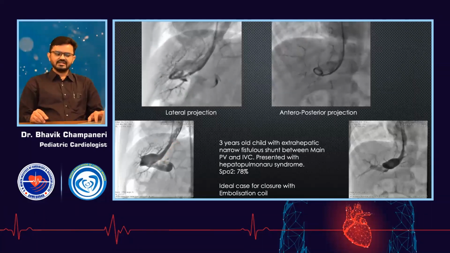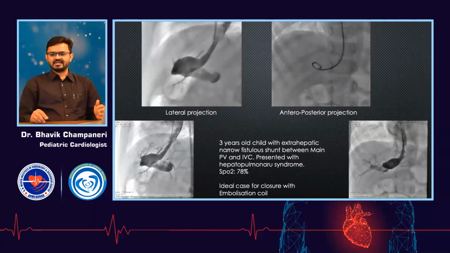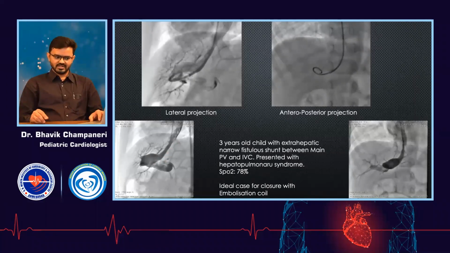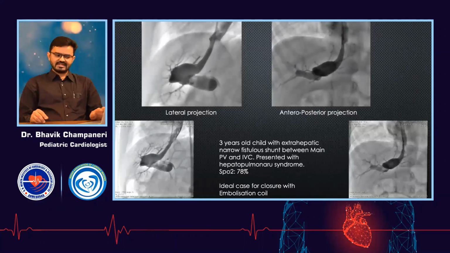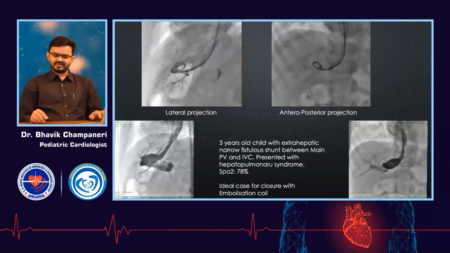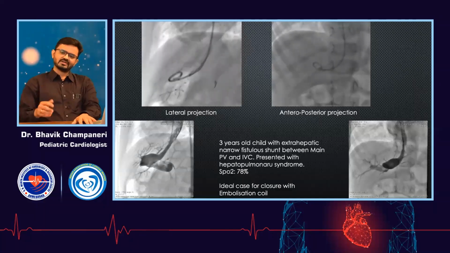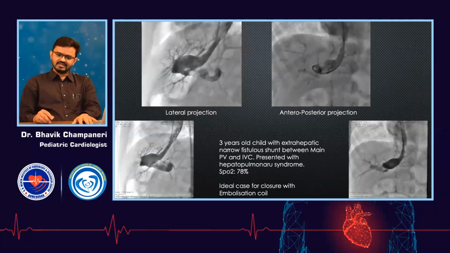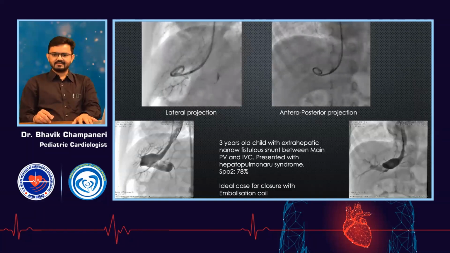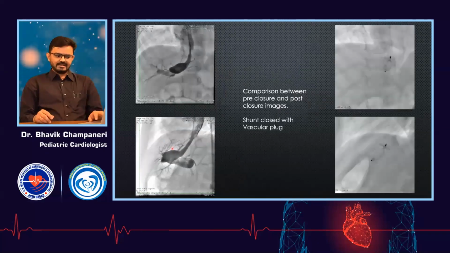So this is an ideal case where you can use an embolization coil for closure of this shunt. The same fistula can also be closed with a vascular plug with more confidence, because an embolization coil, if not selected properly, may migrate proximally or distally. Same patient, pre-op and post-op images showing the fistula closed with the vascular plug.